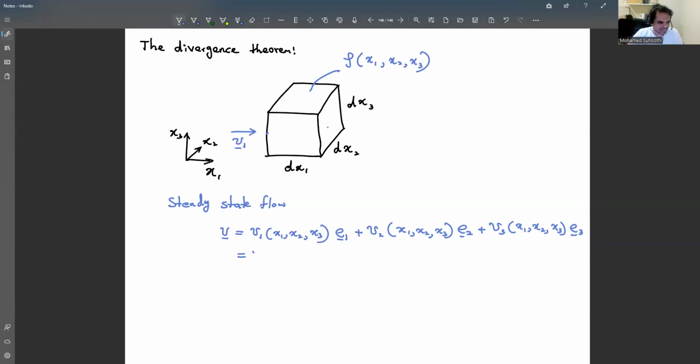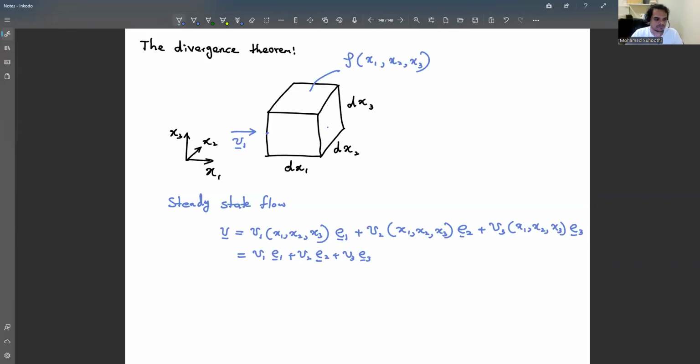So I can write simply V1 e1, V2 e2, V3 e3. Don't confuse this with the normal vector component. V1 is a function of the position, so it is not like the normal V vector we discussed. This is now the velocity. That's what I have written in the first sentence like this.